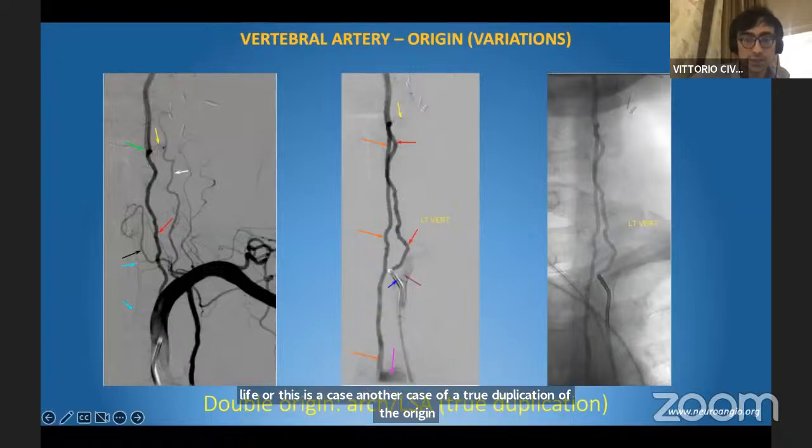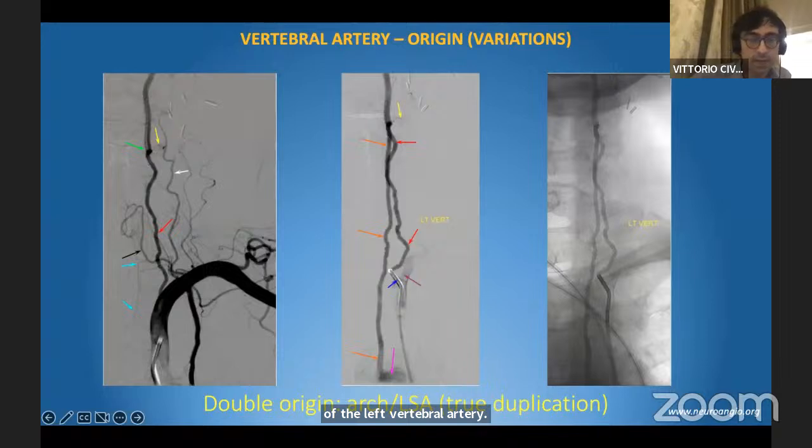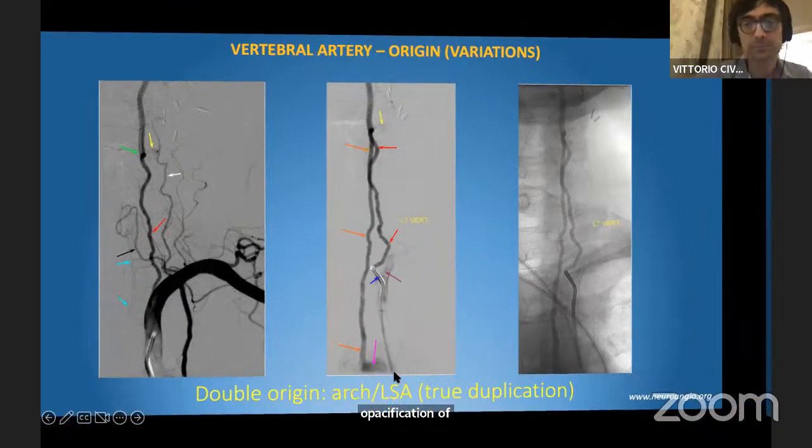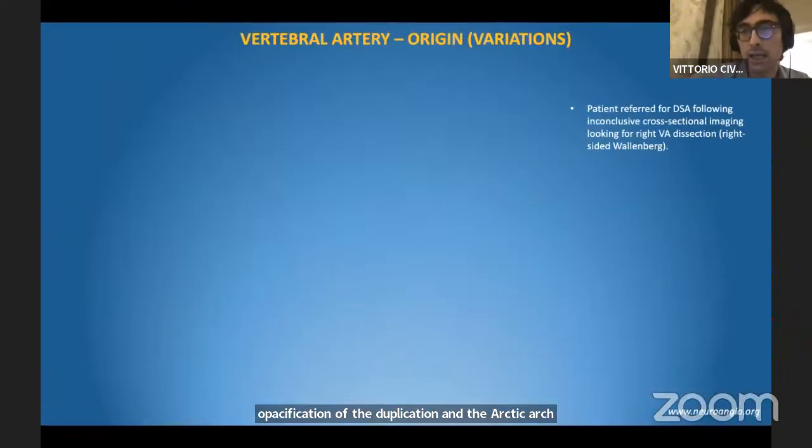And so it's an injection from the part originating from the subclavian artery, and then a retrograde opacification of the duplication and the aortic arch below. It can have some clinical implication.